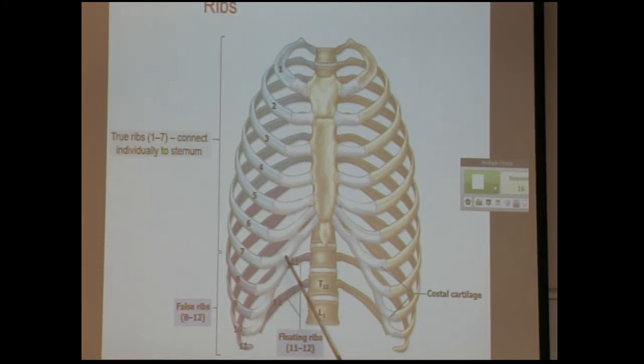So those are called your false ribs, because they connect to another rib first. And then what do you notice about these floating ribs, 11 and 12 down there? They have no cartilage. Do they even connect to anything? They don't. So they just call them floating. But they still give you some protection, because there's still a bone there.